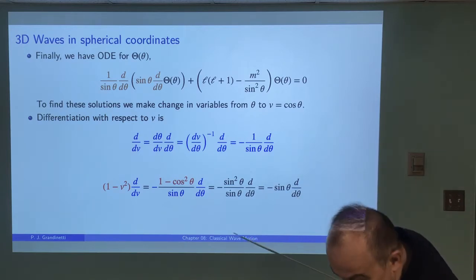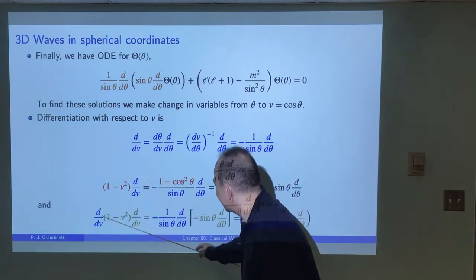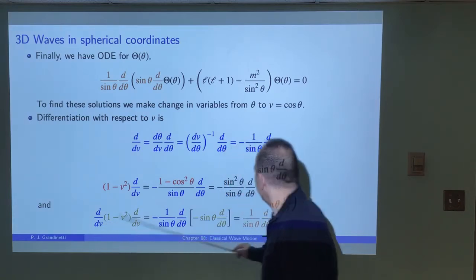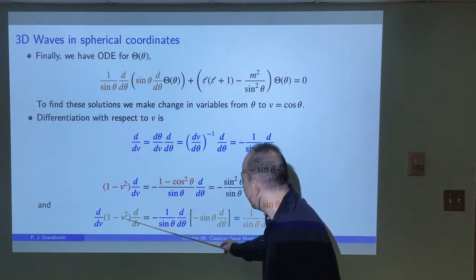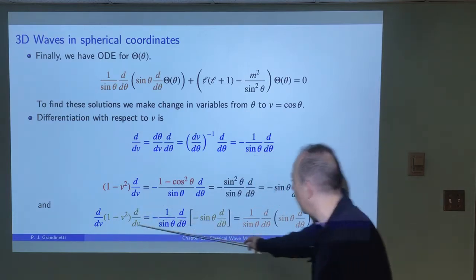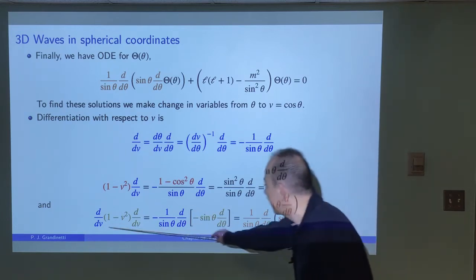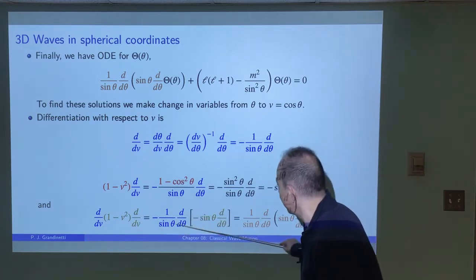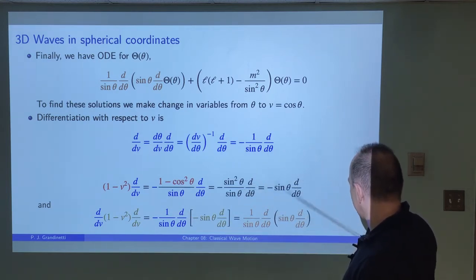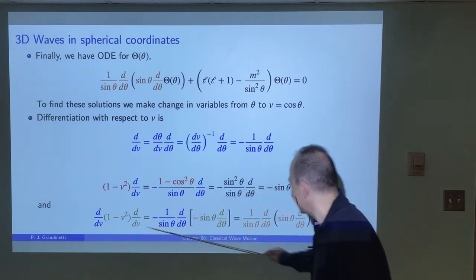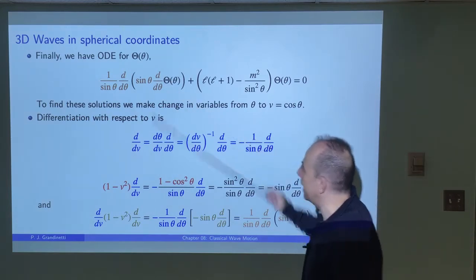OK, so I made that substitution. And then finally, I'm going to take the derivative of this, so I'm going to take d/dv. In other words, I know this is the operator that I've assigned with that, and 1 minus v squared d/dv is this. If I plug in this here for that, and this here for this, then this all becomes this, and that is exactly what I have up here.